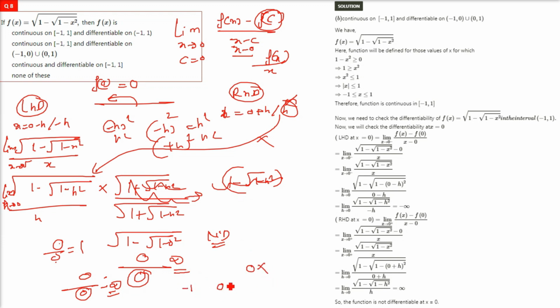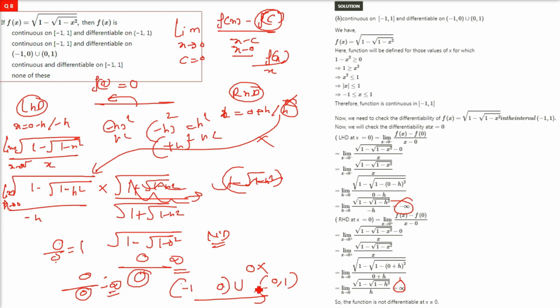Okay. So negative 1 till 0, 0 not inclusive, it is okay. From 0 to 1, 0 not included, is okay. So differentiability can only be between minus 1 to 1 without 0. So the correct option is differentiable on negative 1 to 0 union 0 to 1.